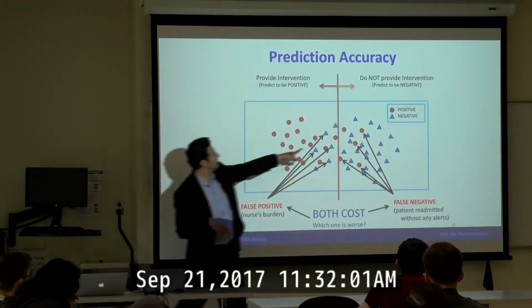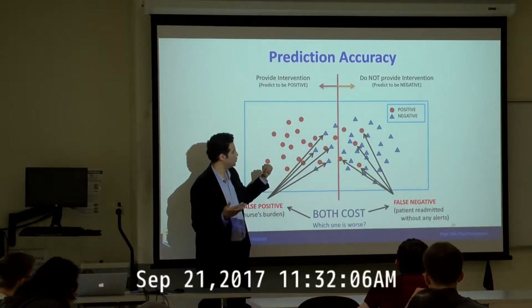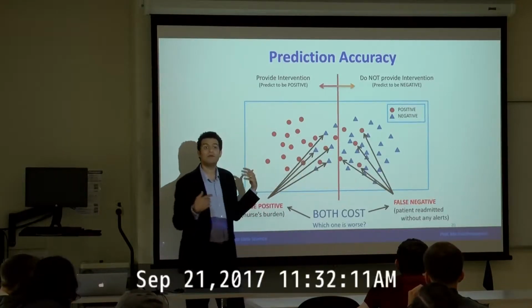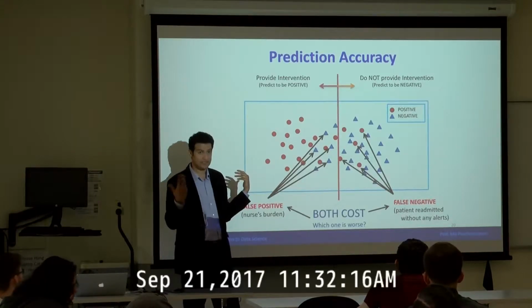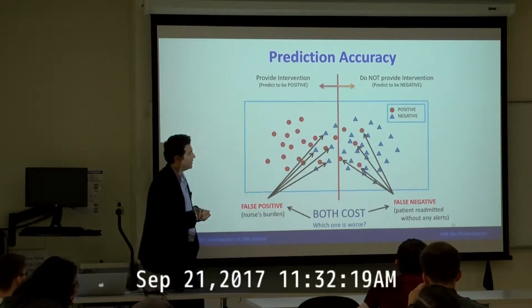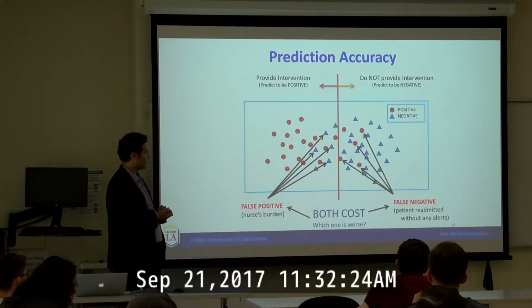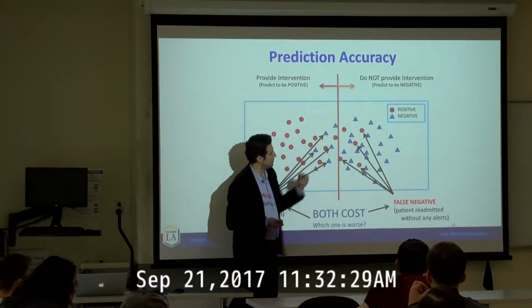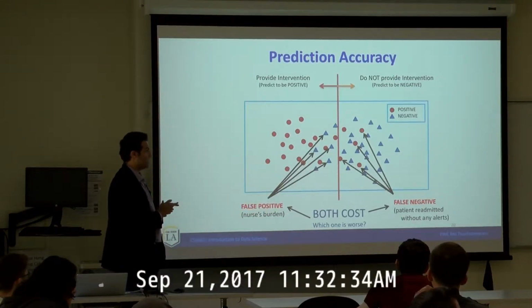As you see here, this one is actually a negative sample, but because it's on the left-hand side of the line, we mistakenly predicted it as positive. So this is an error. We call this a false positive error because we predicted it as positive by mistake. And the red ones, similarly, we call false negatives because they are positive, but your machine learning algorithm mistakenly predicted them as negative.